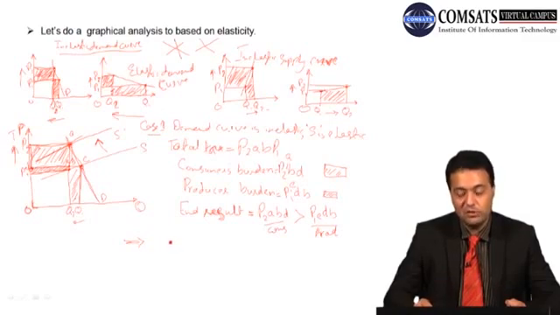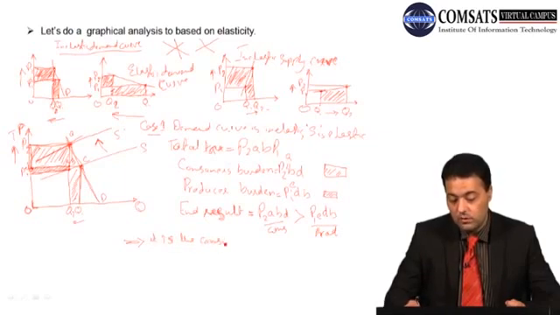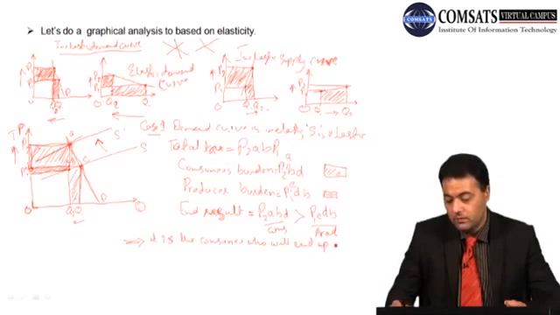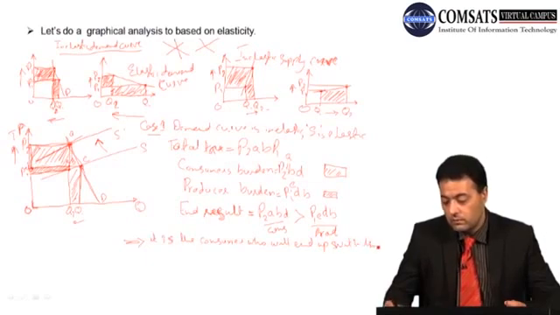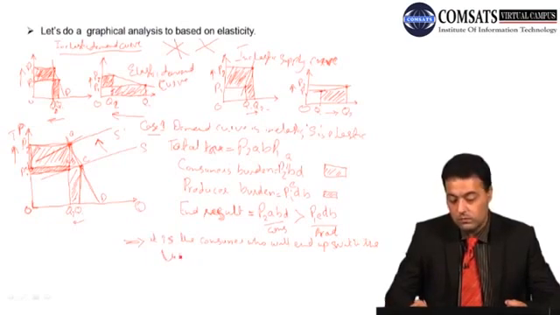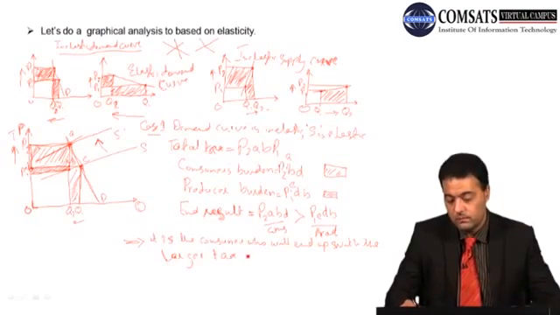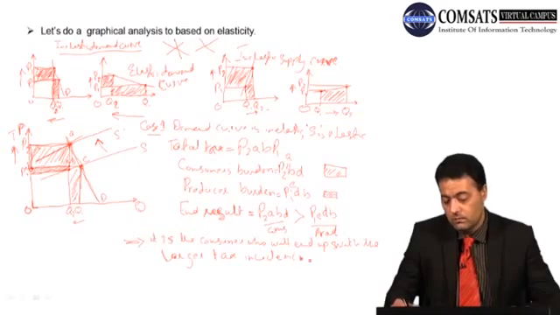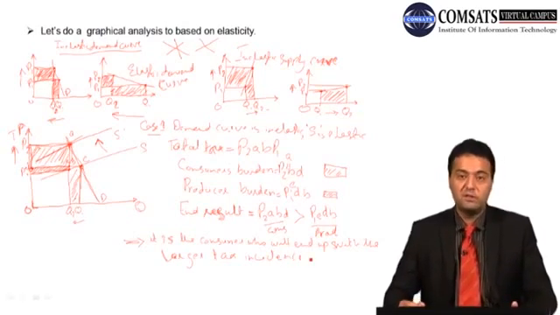Which implies, in mathematics implies is also written this way, which implies that it is the consumer who will end up with the larger tax incidence. It is the consumer who would end up with larger tax incidence.